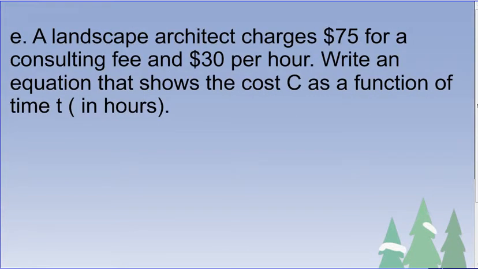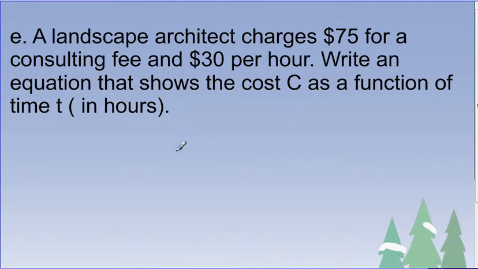So let's look at letter E here. Letter E says a landscape architect charges $75 for consulting fee and $30 per hour. Write an equation that shows the cost, C, as a function of time, T. Okay. Well, think of what do you have to pay for?